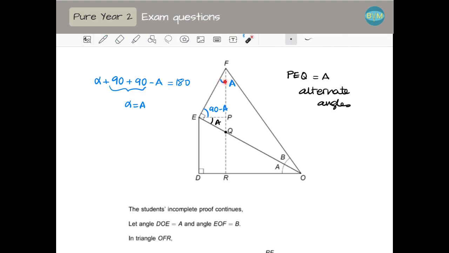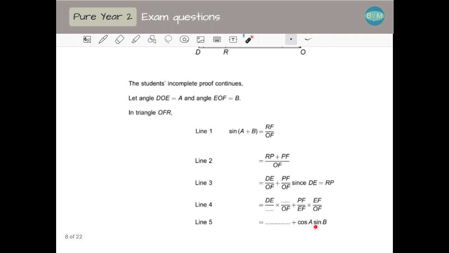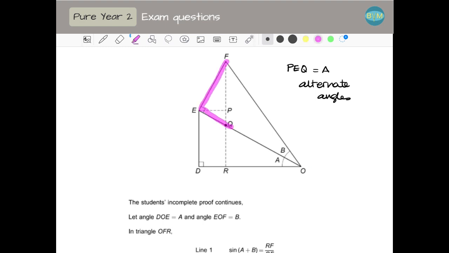If this is A, cos of A is going to be adjacent, which is PF, divided by hypotenuse, which is EF, which is what we have here. And then sine B is EF divided by OF, and we are using, in this case, this right angle triangle.